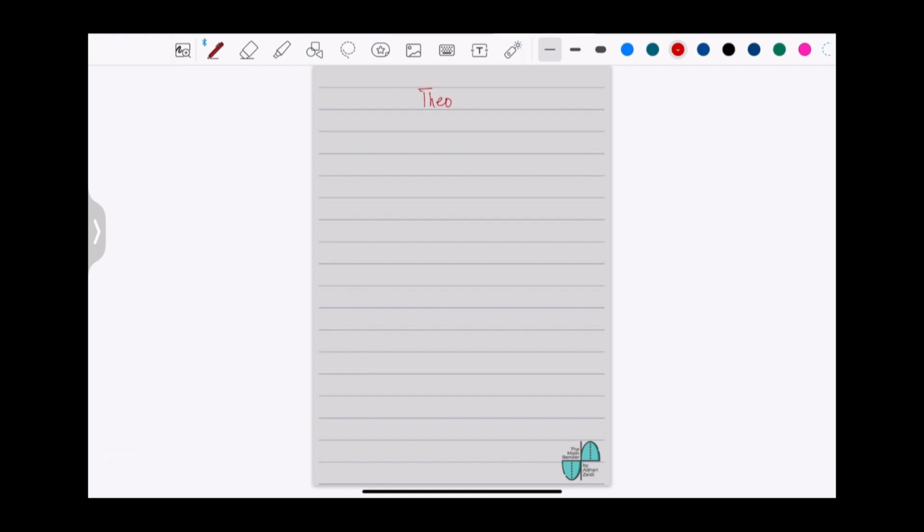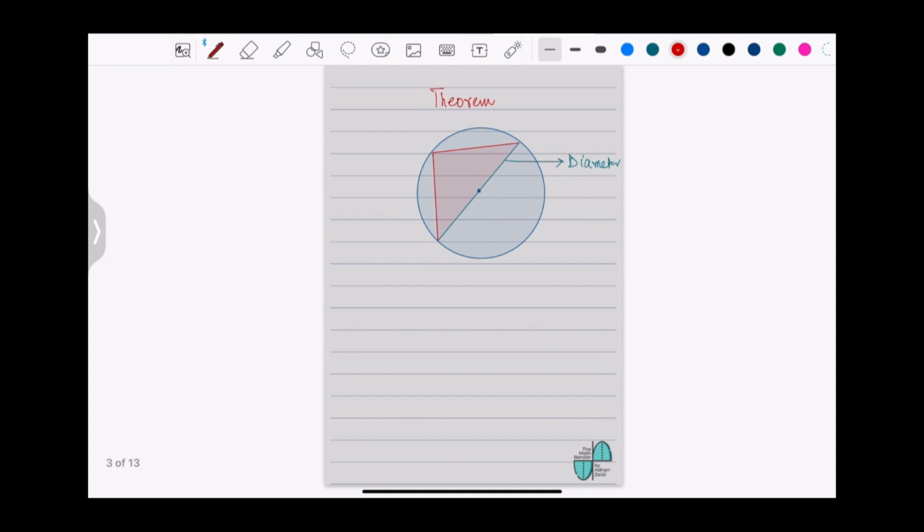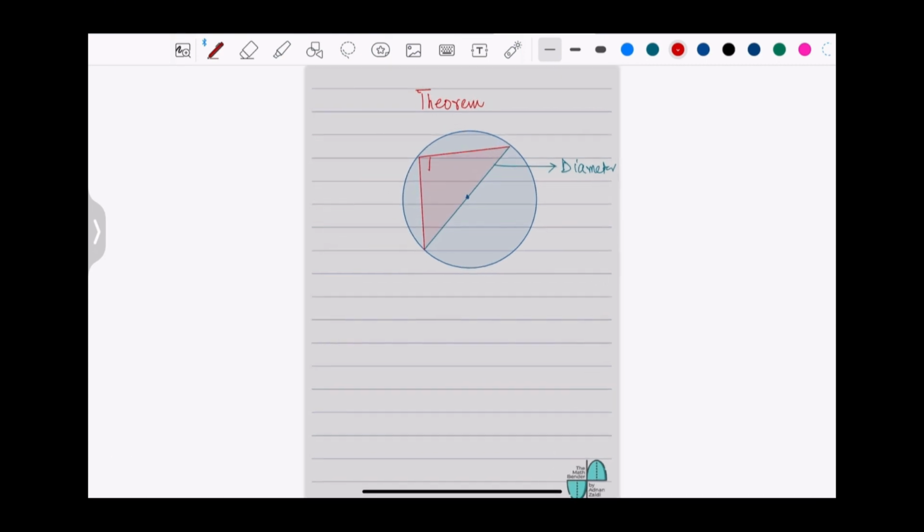If I draw a circle, and this is the center, with any radius that you draw, and you draw the diameter, and using that diameter you draw angles at the circumference. Now remember, the angle using the diameter at the circumference, facing the diameter, is always 90 degrees.